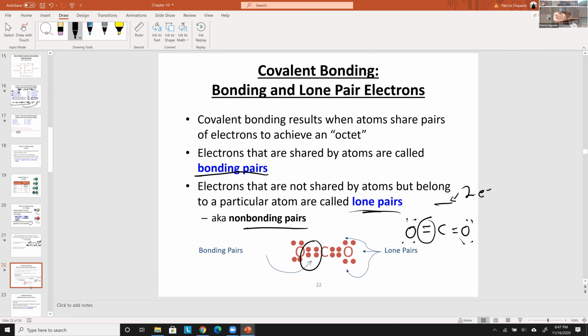If you have 3, triple bond, that's 6 electrons total, 3 pairs of shared electrons. Very strong bond. So in general, single bonds are weaker, double bonds are stronger, and then triple bonds are the strongest, and make the covalent bonded atoms closer together because of the strength. So that's that. So our goal is to have the octet.